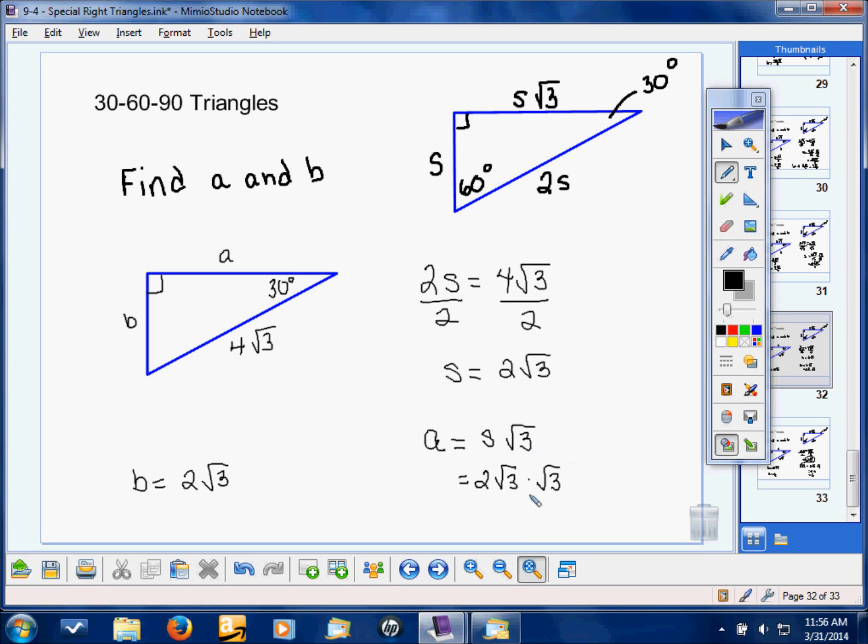A lot of times people tend to lose the second thing. This right here is s, so it replaces entirely. Don't lose this second one. It's not part of this. Very, very common for people to lose that second one. So how much is square root of 3 times square root of 3? 3. So 2 times 3 is 6.